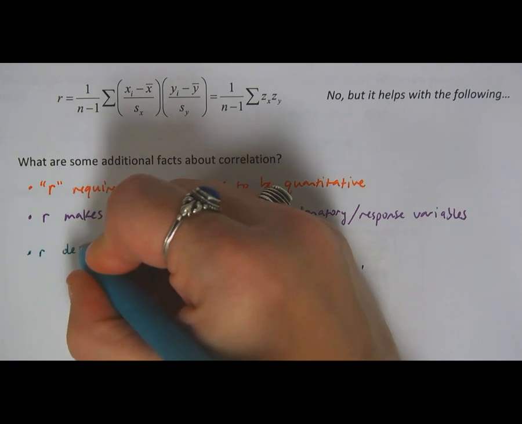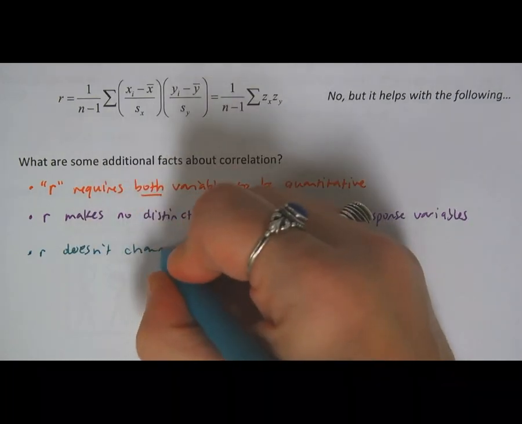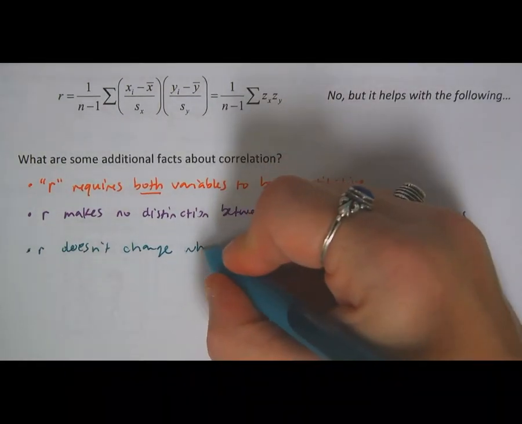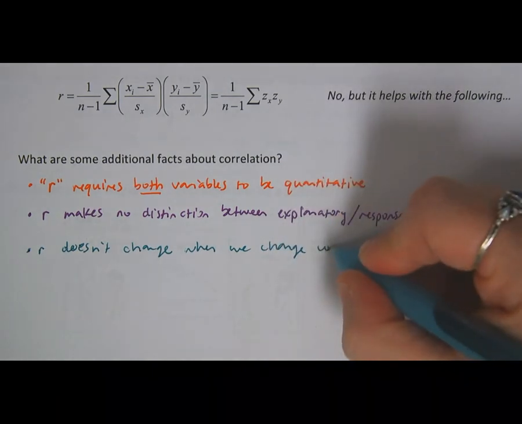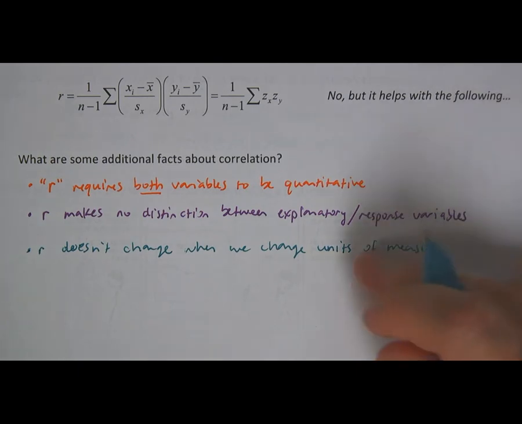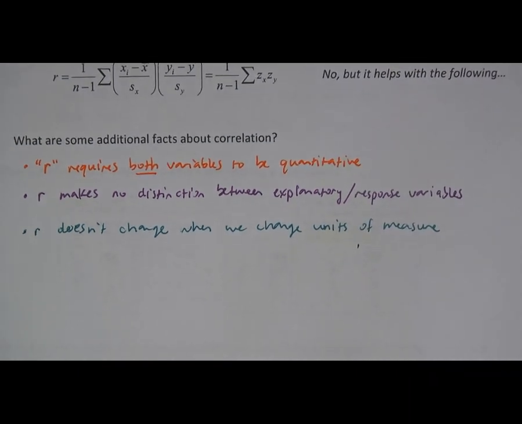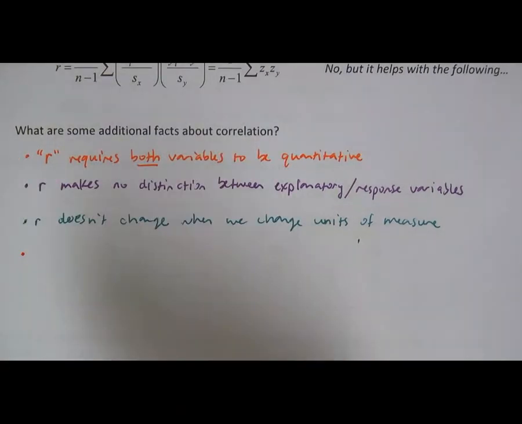R doesn't change when we change units of measure. I could convert everything from centimeters to inches in my data, and the R value, the strength and direction of that association between the explanatory and response, would stay the exact same.